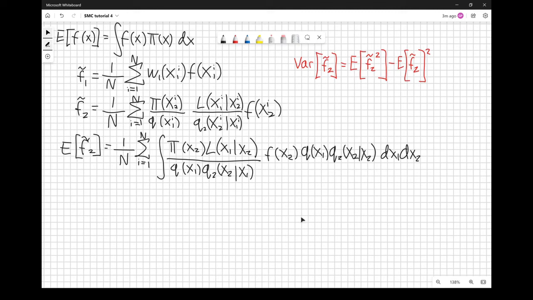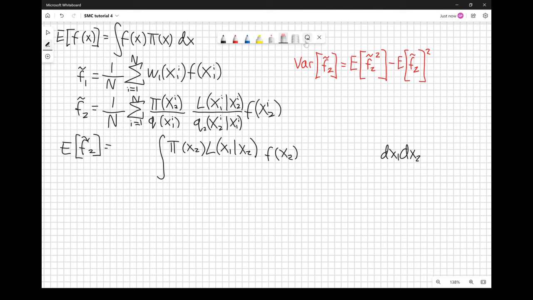So firstly, we note that we're basically adding together the same thing n times and then dividing it by n. So straight away we can get rid of all of this stuff. We then notice that the proposals are on the numerator and the denominator, so we can get rid of this and we can get rid of this. Okay, so things are looking a bit simpler.